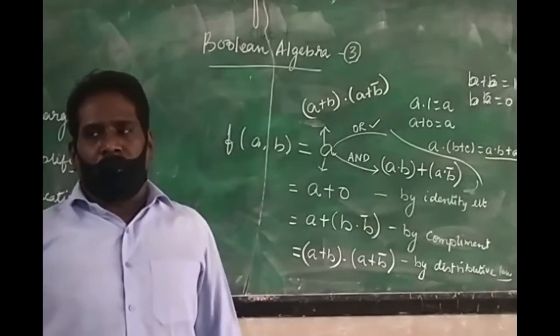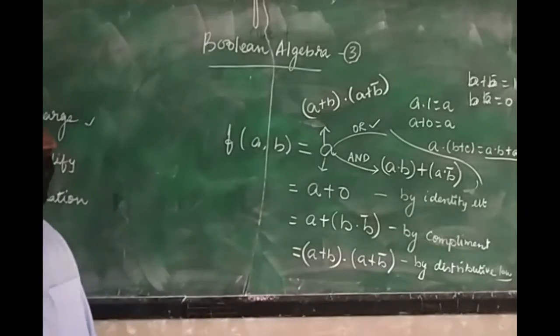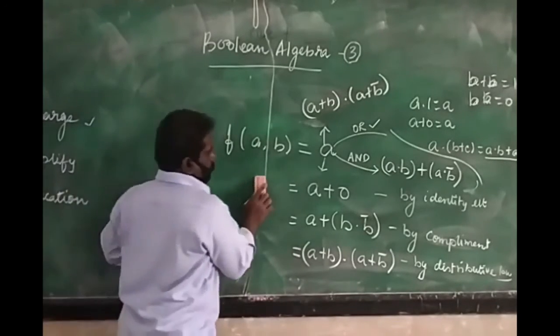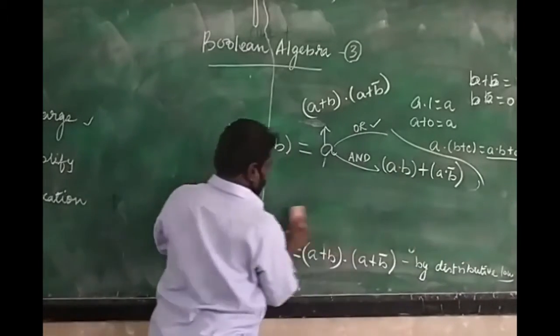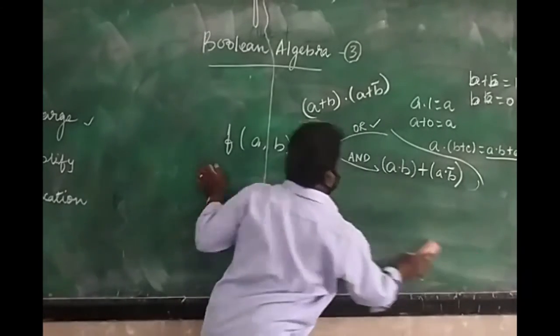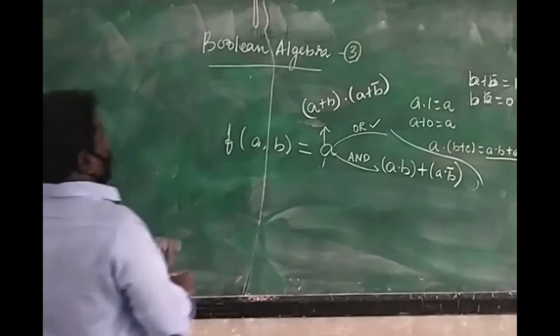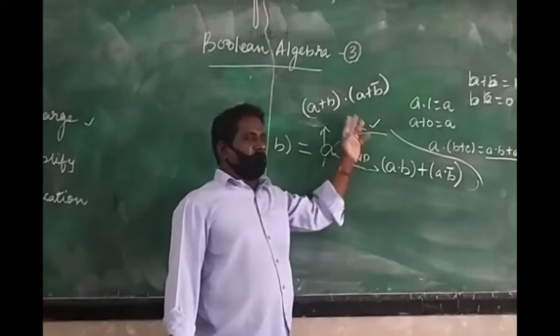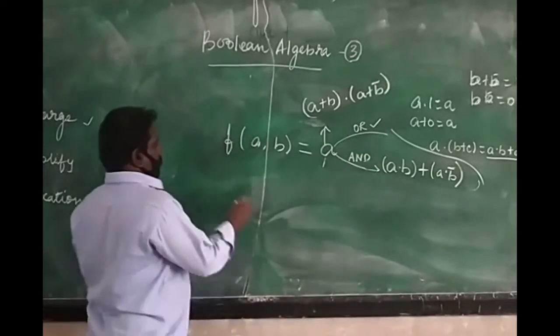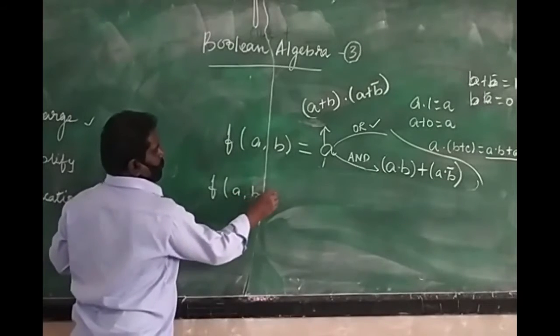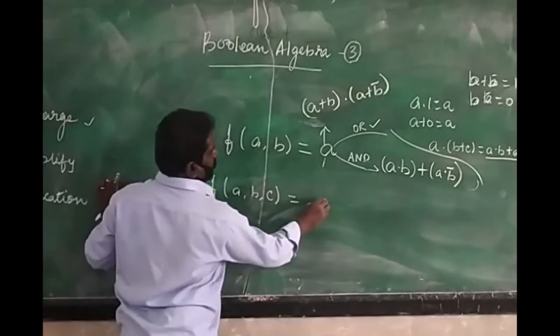For example, let me take another function. So this method you have to remember. Let me take another function f of a comma b comma c equal to a.